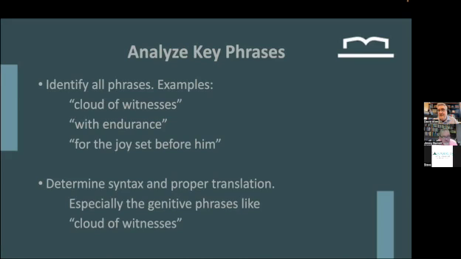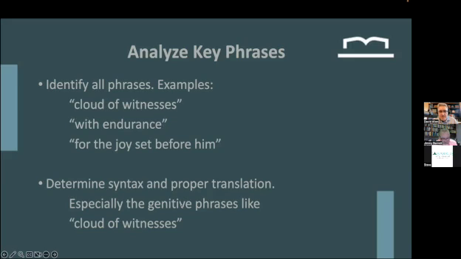Context would have to determine the meaning of the word "of" in those phrases. The same is true here. Context has to determine the meaning, and here "of" is really functioning to identify this right here with that right there. The cloud is the witnesses. The witnesses are the cloud.